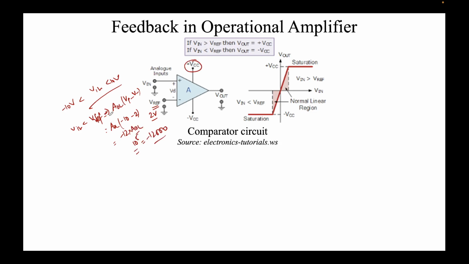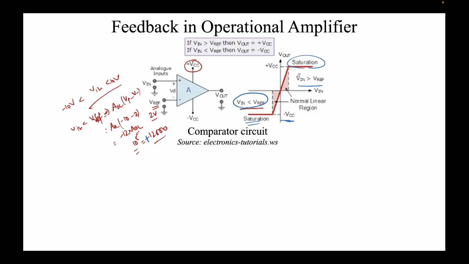So when Vin is less than reference voltage 2 volts, I'll change the color of my pen for more clarity. When Vin is less than Vreference, we will get output as minus VCC. When Vin is greater than Vreference, this value will become positive, and we cannot go beyond VCC, so we'll get plus VCC.